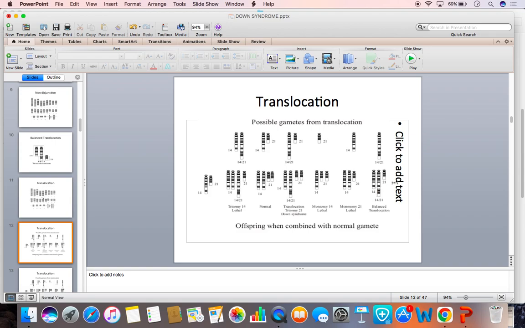A 21 chromosome with full complement, and another with the long arm of the 21, which is functional, getting translocated on chromosome 14. Okay. The short arm of chromosome 21 is non-functional, does not carry any genetic information. So the long arm of the 21 chromosome is translocated on the chromosome 14.